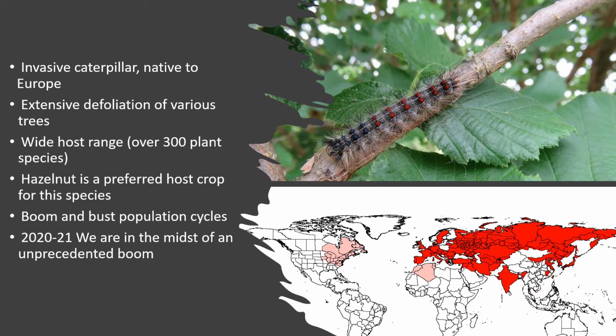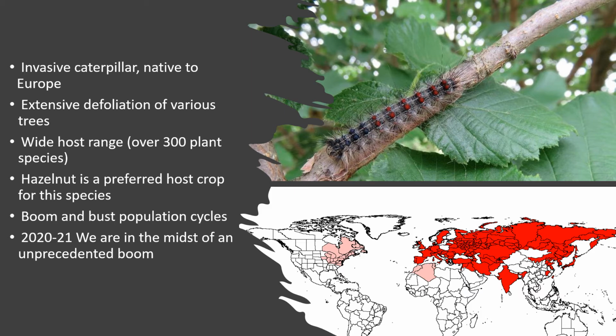It does have boom and bust population cycles, as I mentioned earlier. It will cycle between almost not noticeable levels of insects up to explosive populations that cause massive amounts of defoliation. Once those populations get that high, their predators and pathogens tend to catch up with them, and then they crash again.